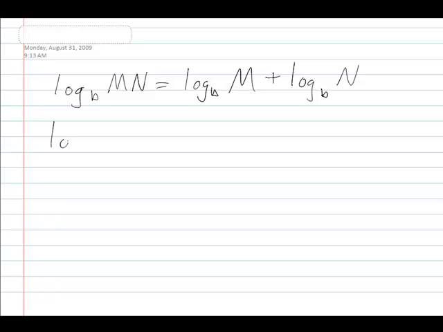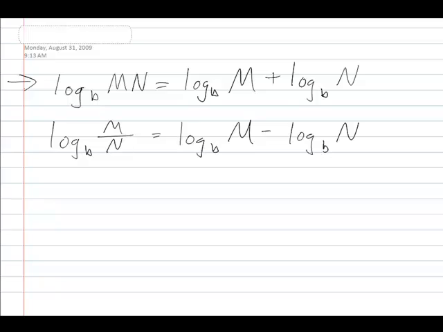The next property is that if we have the logarithm base b of m divided by n, this is equal to the log of base b of m minus the log base b of n. So when we're multiplying two different things, we can split them up and add the logarithms. If we're dividing two different things, we can split them up and subtract.